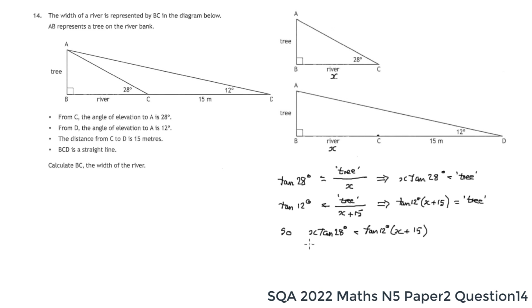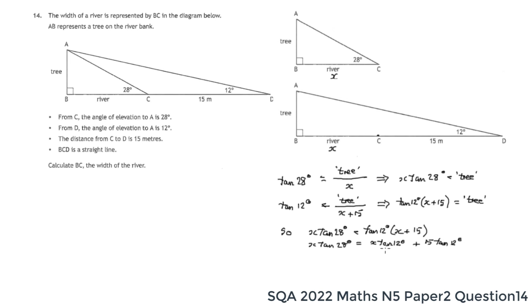So let's multiply out this right hand side. The left hand side we'll leave as it is, and each of these terms in the brackets gets multiplied by tan 12 degrees. So tan 12 times that x, put the x in the front there, x times tan 12, plus tan 12 times the 15, 15 times tan 12.